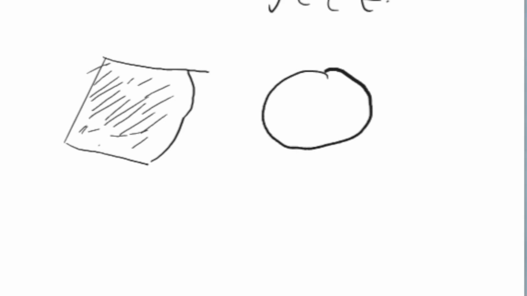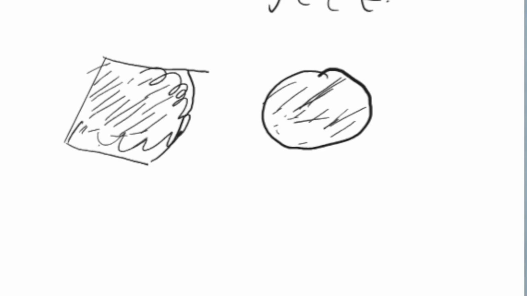So if you talk of surface area, you are talking of the space that an object occupies. I'll just measure the space, and that will be the surface area for this object.